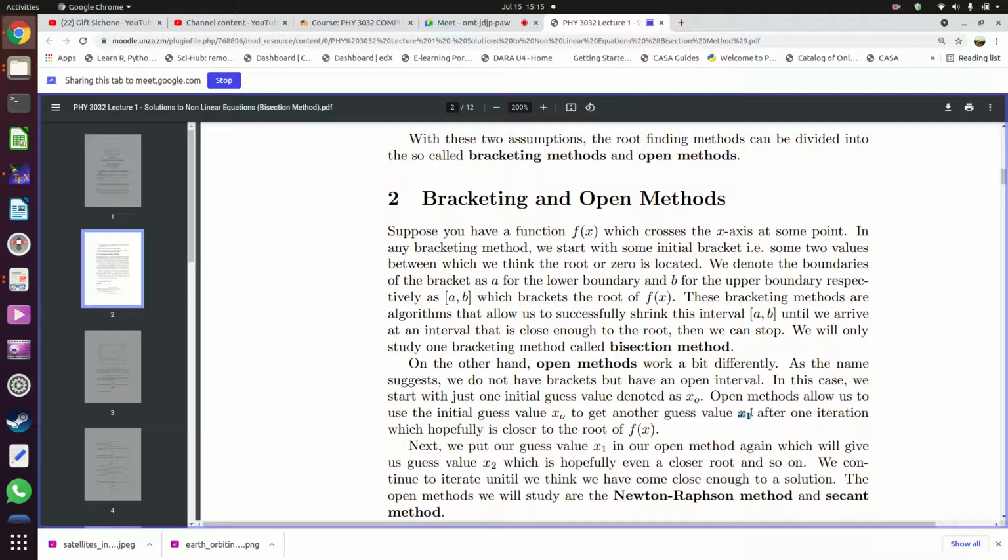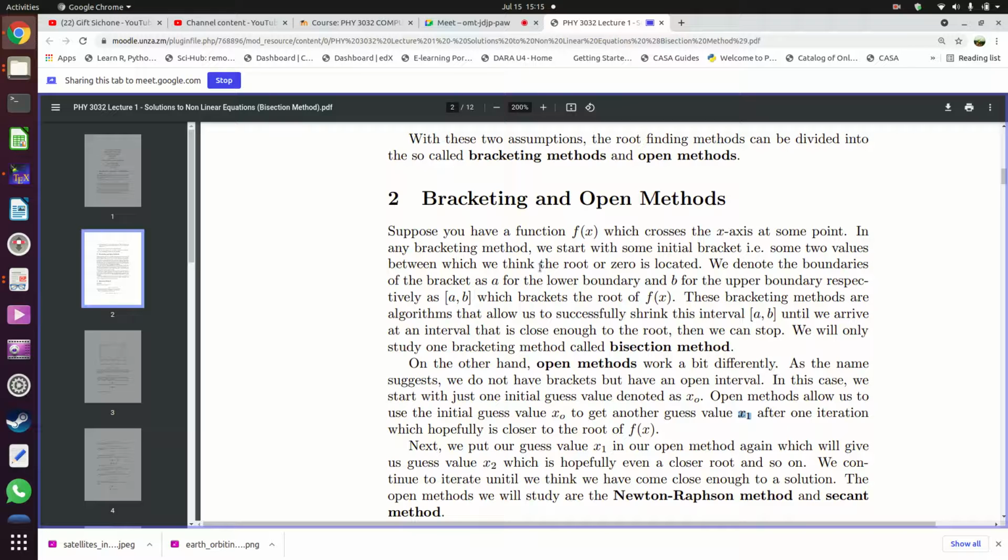That is what an open method does. So you start out with some guess value, x naught, and you put it in the open method. Hopefully, though sometimes it's not the case, the open method gives you a guess value which is better than what you started with.